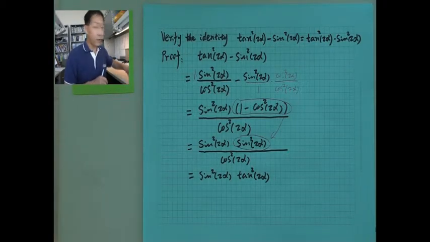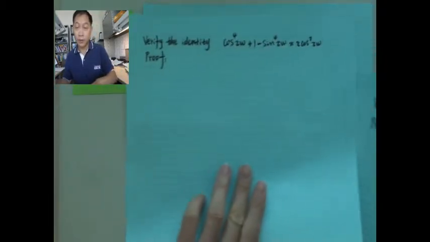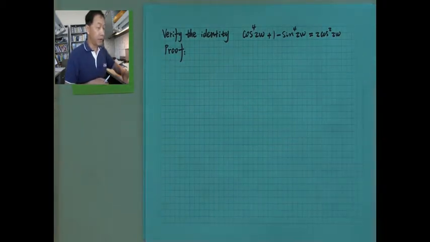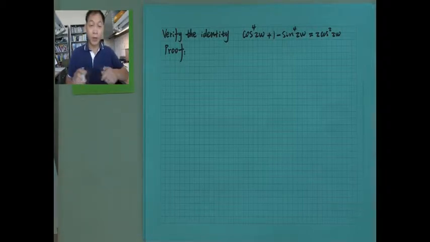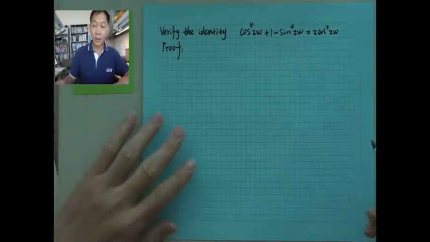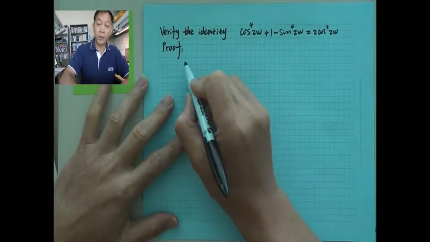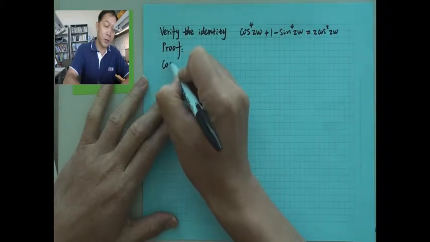Okay, let's look at another example. This one. This one looks very scary, but actually it is not. It's easy to do. There is a little bit more algebra involved, but we can figure it out. Look, before you do the proof, you want to copy it. You always copy it.